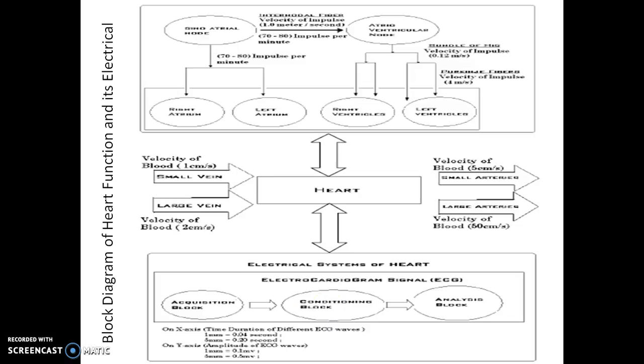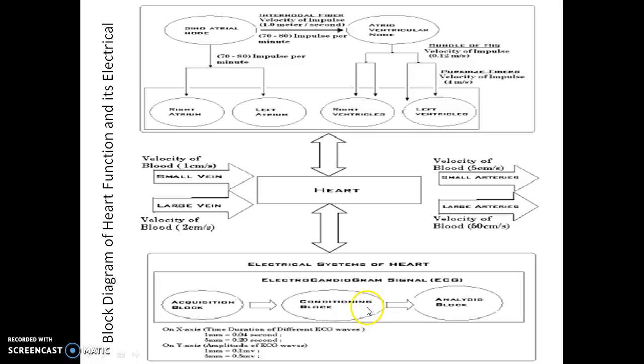The electrical signals from the nerves get combined with the ECG, and the electrical activity from the eyes also combines into the ECG. All these are noise for the ECG, and they are removed by the filter in the conditioning block.